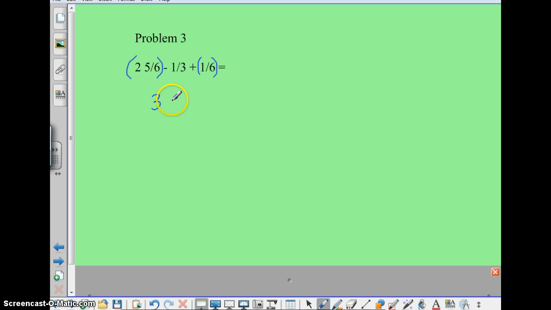And then from that, I'm subtracting the third that's left here. So 3 minus 1/3 would give me 2 and 2/3. Okay, because you're going to change that into thirds and then subtract out the 1/3. Okay?